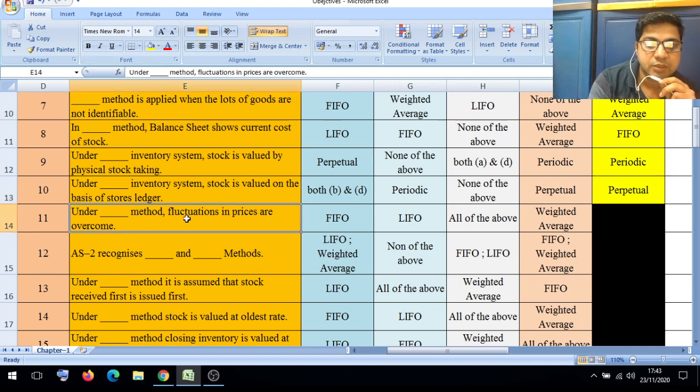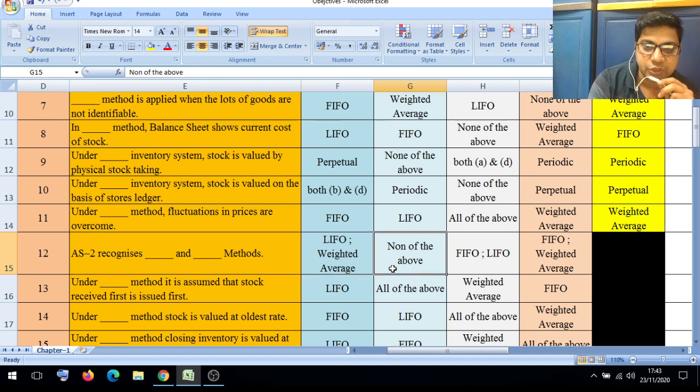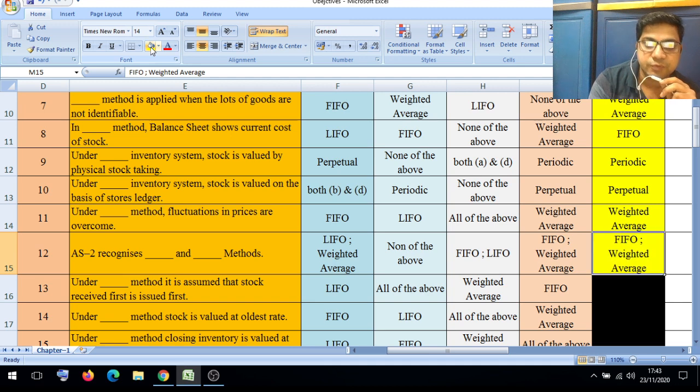Under dash method, fluctuation in prices is overcome. FIFO, LIFO, all of the above, weighted average. The answer is weighted average. Accounting Standard 2 recognizes dash and dash method. The answer is FIFO and weighted average.